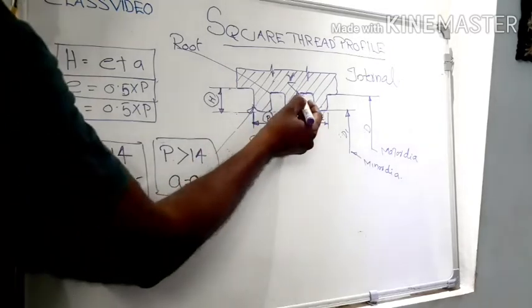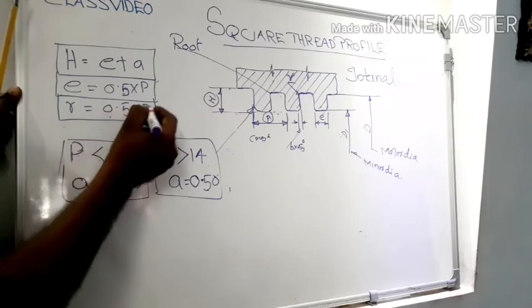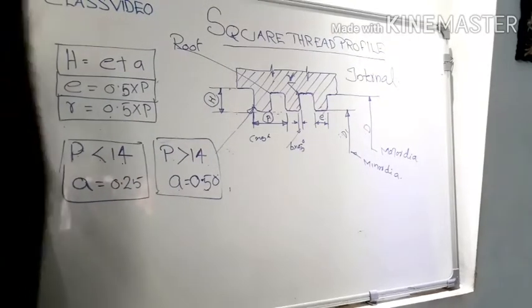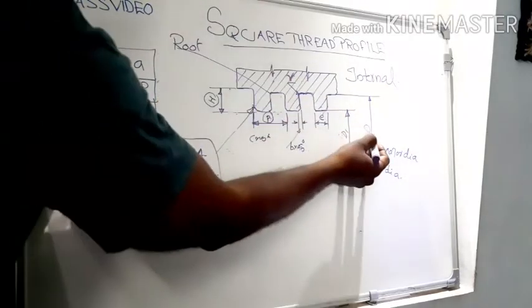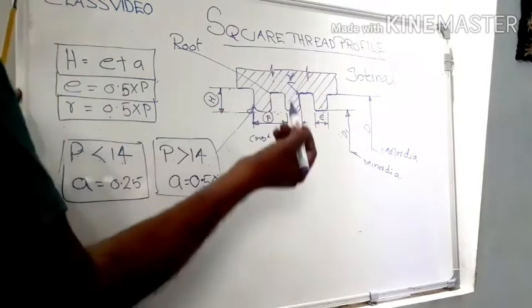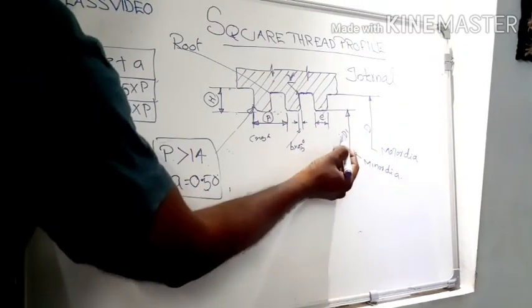There is another term marked with the letter R, which is also 0.5 pitch. Now, this is the major diameter marked with capital D and the minor diameter with D1.